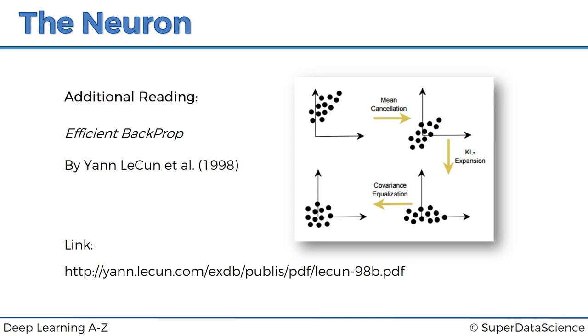He's a close friend of Geoffrey Hinton, who we've already mentioned. So in this paper, you'll learn more about standardization and normalization, but also you can pick up lots of other tips and tricks, and it'll be a good source for additional reading as you go through this course. So definitely check it out.